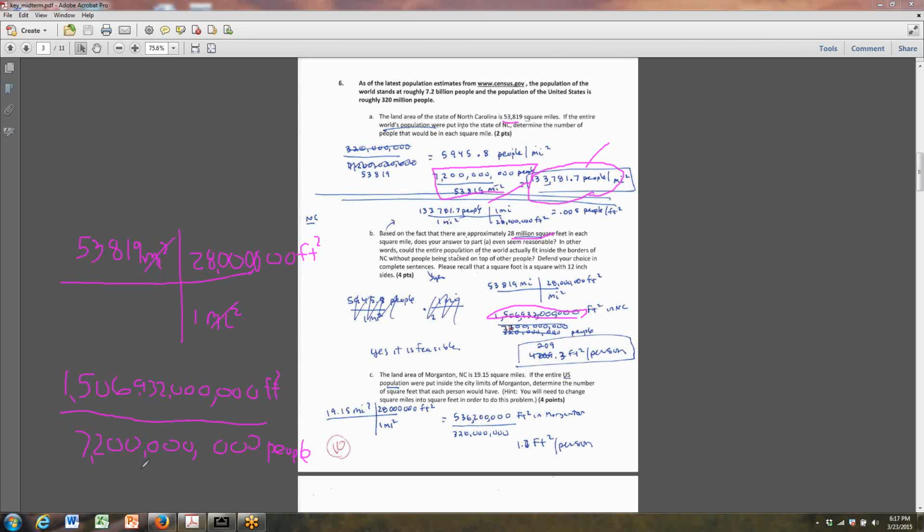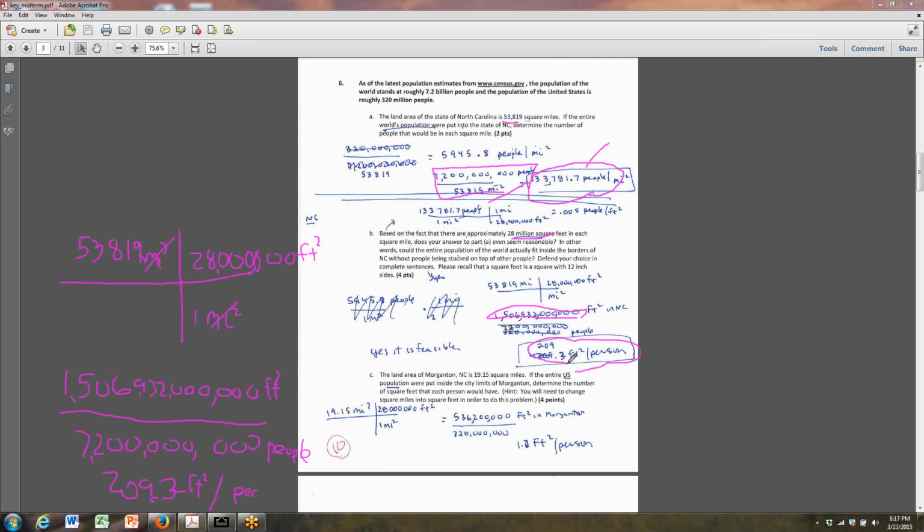If you divide that out, you get like 209.3 square feet per person. Which is what we ended up with.